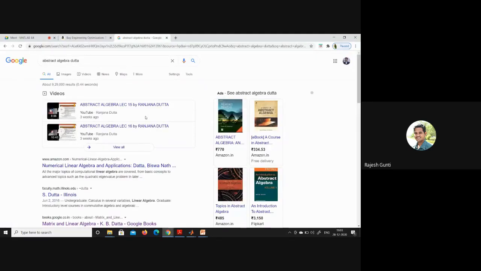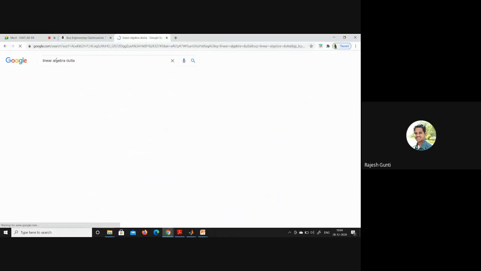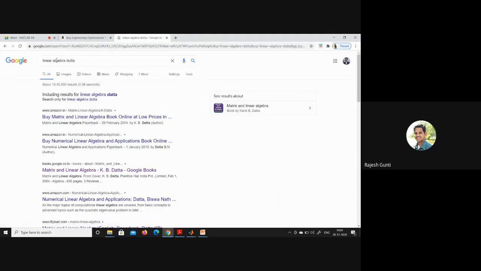I will always forget, abstract algebra, sorry, linear algebra. If you see this book, linear algebra, practice, and yes, KB Datta, yes, this book.